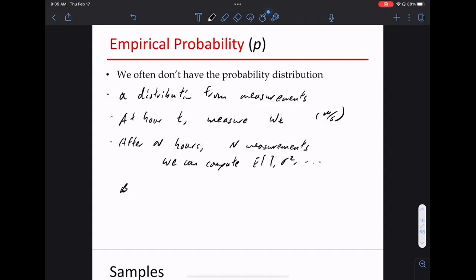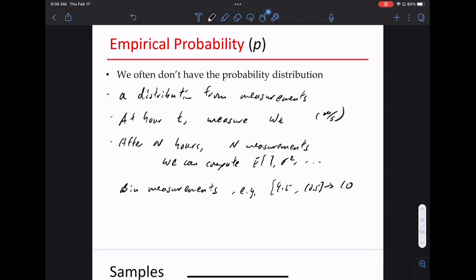So we can bin the measurements. You can assign them however you want. So let's say 9.5 to 10.5 gets assigned to 10. So we can bin these measurements.